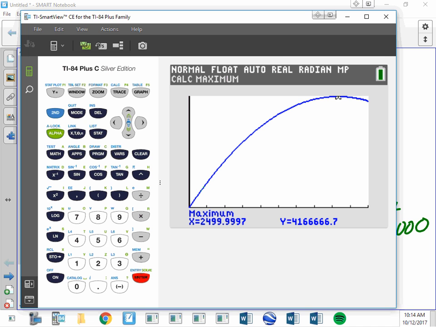So can we say that that is exactly 2,500? Yes. And then the y value would be exactly 4,166,666. Okay.